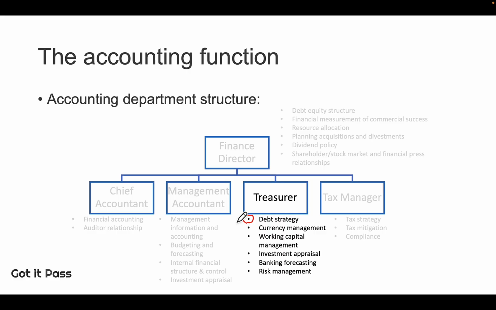Apart from it, he or she needs to work with the bank for currency management and working capital management. That means for any foreign exchange issues, the treasurer needs to propose to the finance director whether the foreign exchange should be managed by different hedging tools, for example, in order to minimize the foreign exchange rate risk.